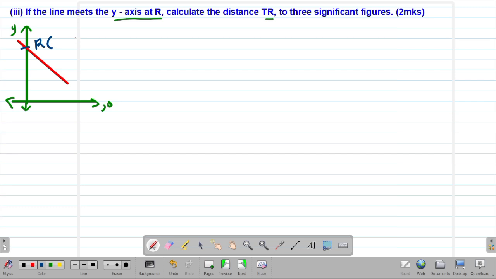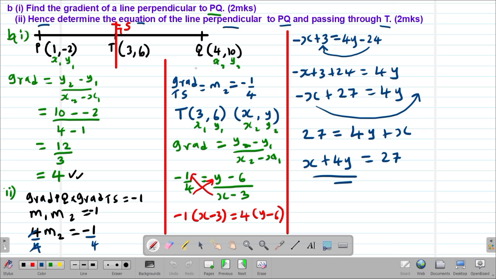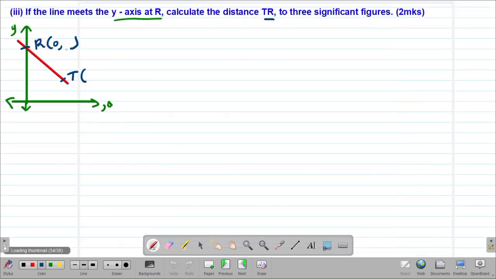So I'm told that the line meets the y-axis at R, so for this particular point R, along the y-axis, the coordinate of x is always equal to 0. Then the same line is also passing through the point T, because it is TR. Our coordinates for point T were 3, 6.